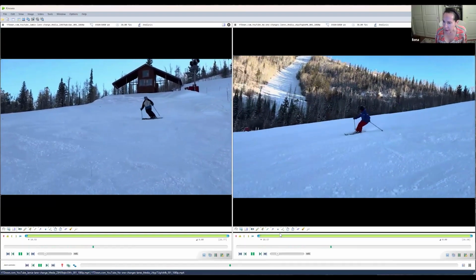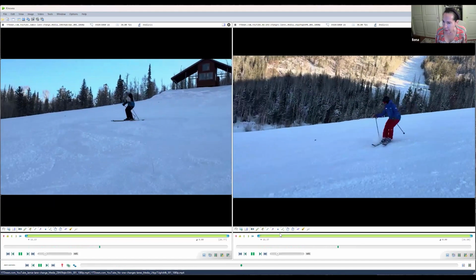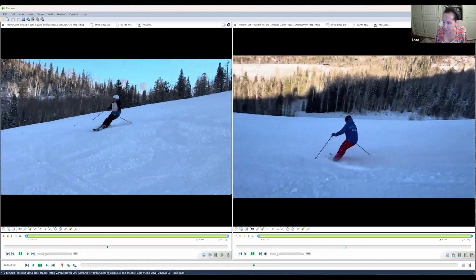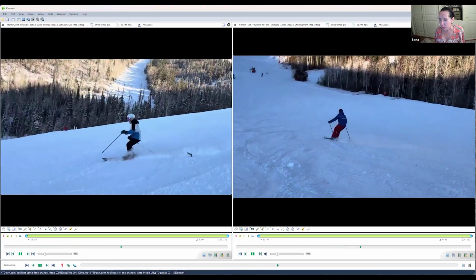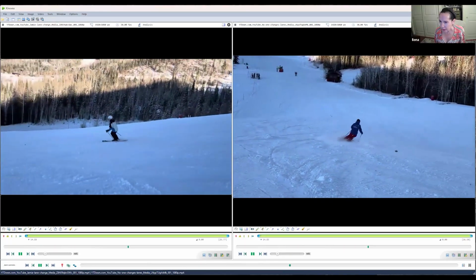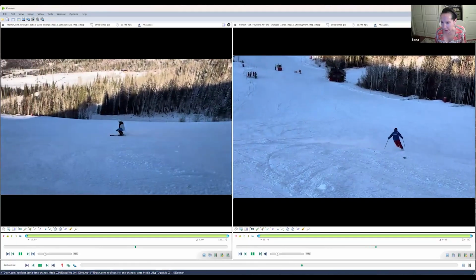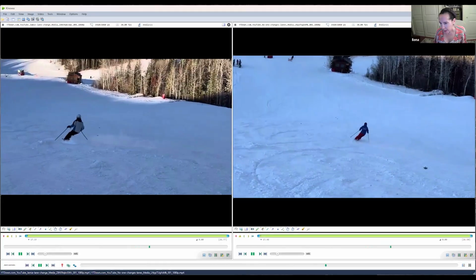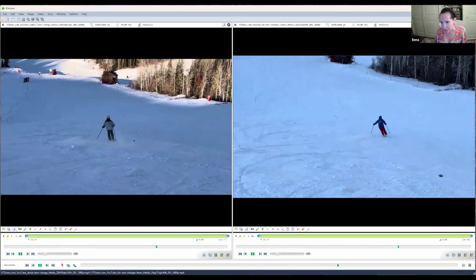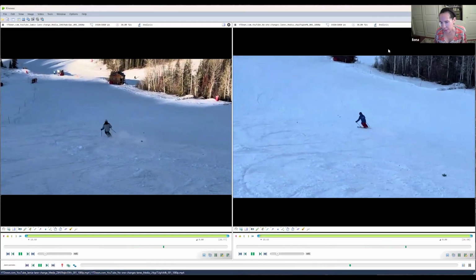The skis appear to be rotating under the stable upper body by changing the magnitude of pressure by steering. That's what it looks like to me.